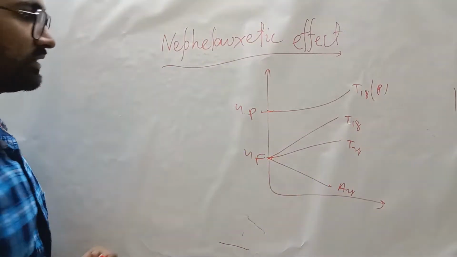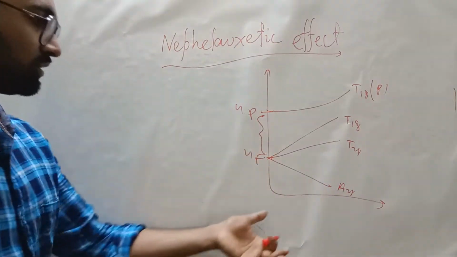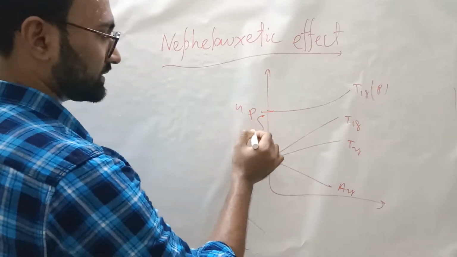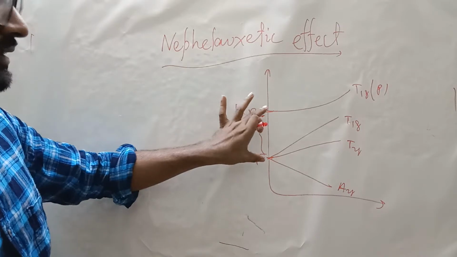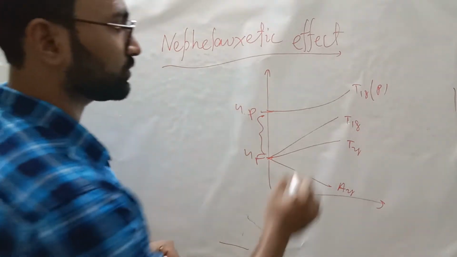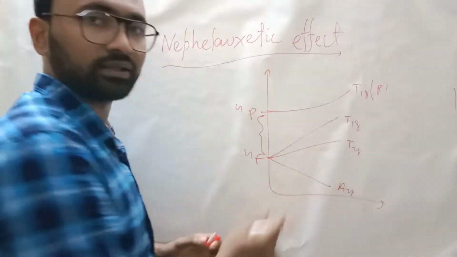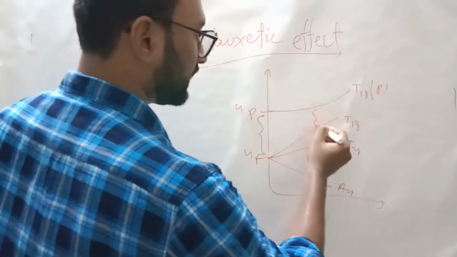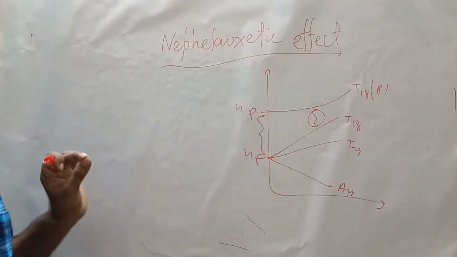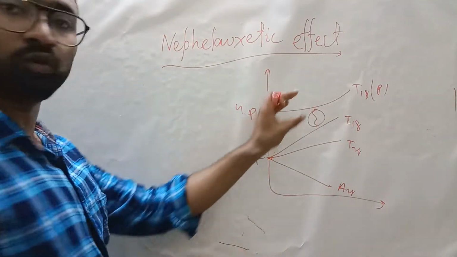So you can see when there is no ligand, the energy gap between these terms, which are called Russell-Saunders terms, is this much. But when the ligand approaches, the gap decreases, which means the inter-electron repulsion decreases. That's why they came close together.